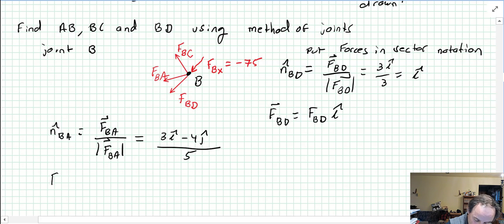So the force BA is the magnitude of the force BA times that unit vector, 3/5 I minus 4/5 J.